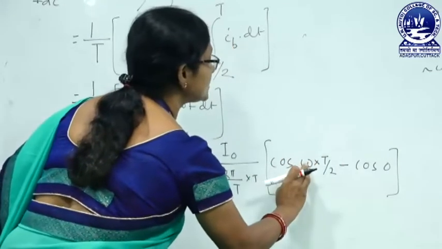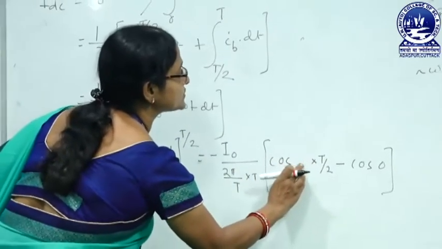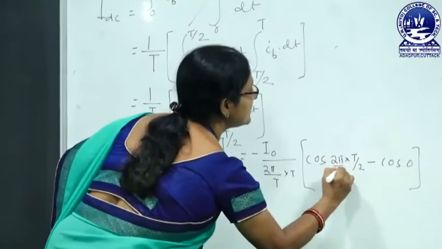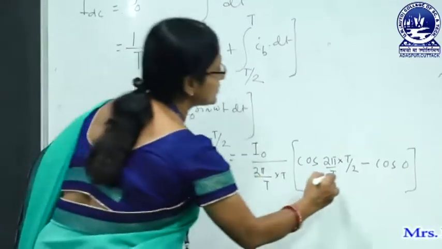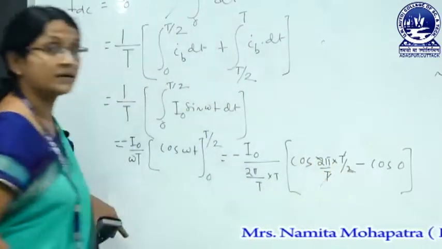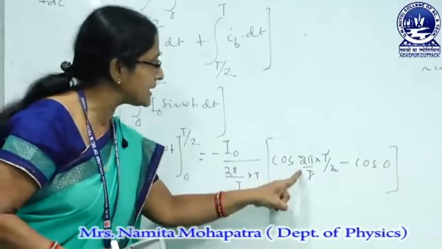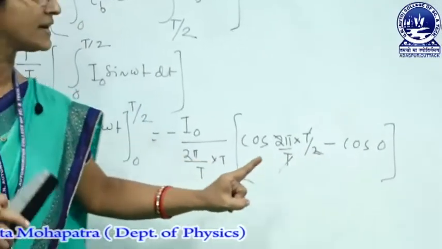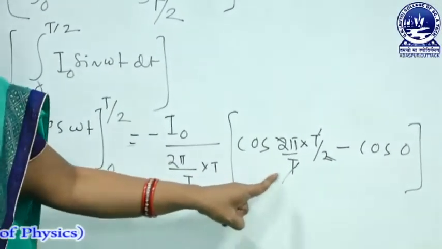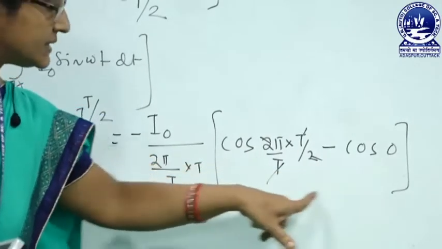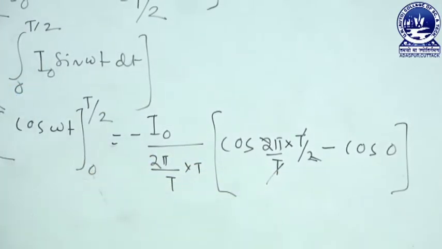In that case also we put omega equals 2 pi by T, isn't it? So T cancels, 2 cancels. So the result is cos pi minus cos 0, but we know that cos pi equals minus 1, and cos 0 is 1. The result here is minus 2.